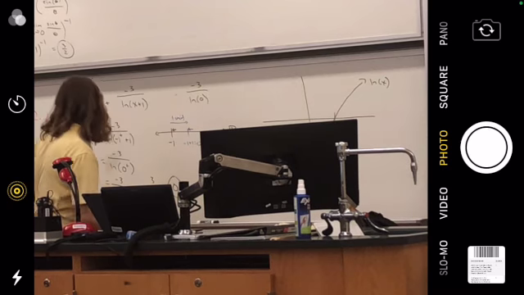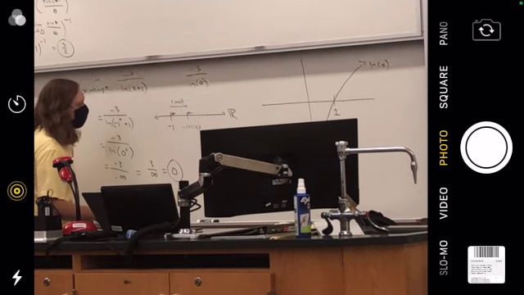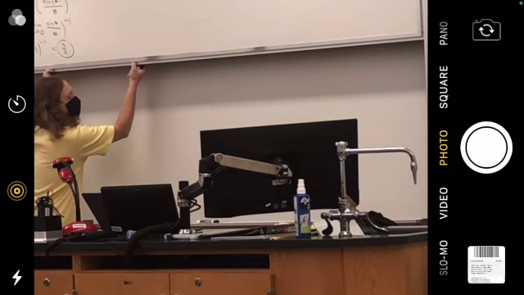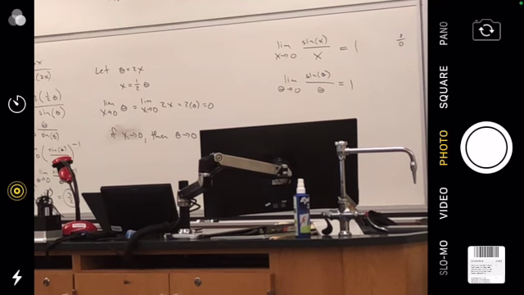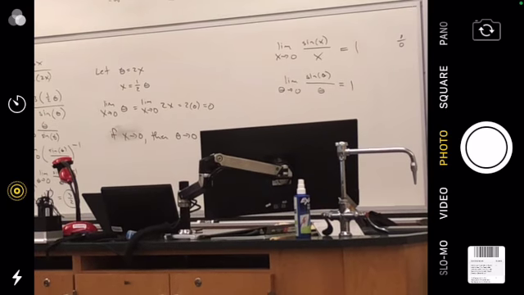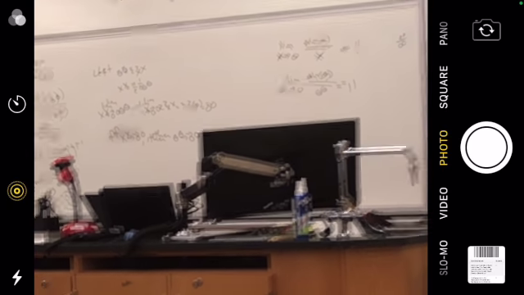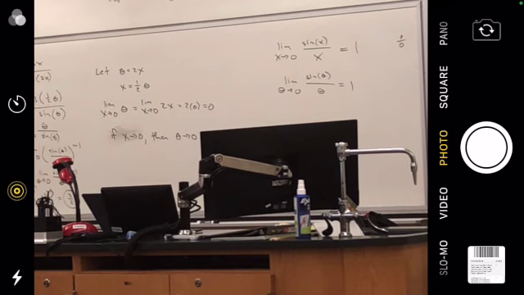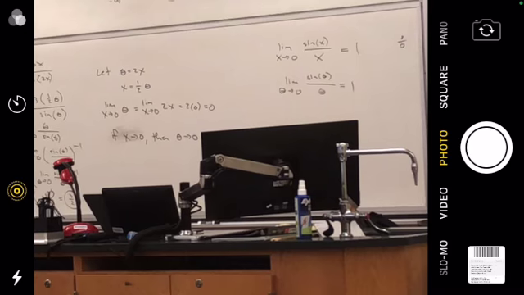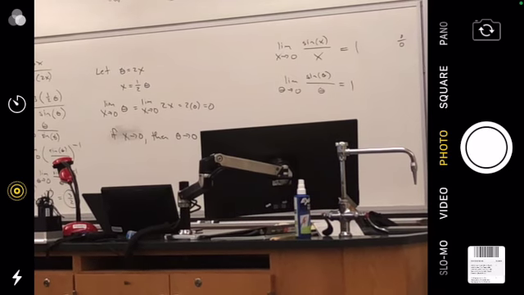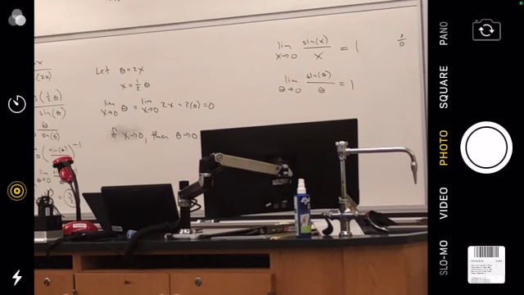So, limit as x goes to -1 from the right, -3 times the natural log of x plus 1.